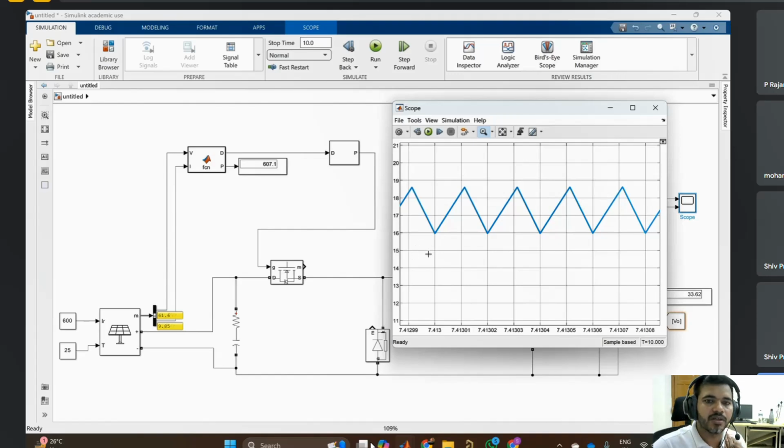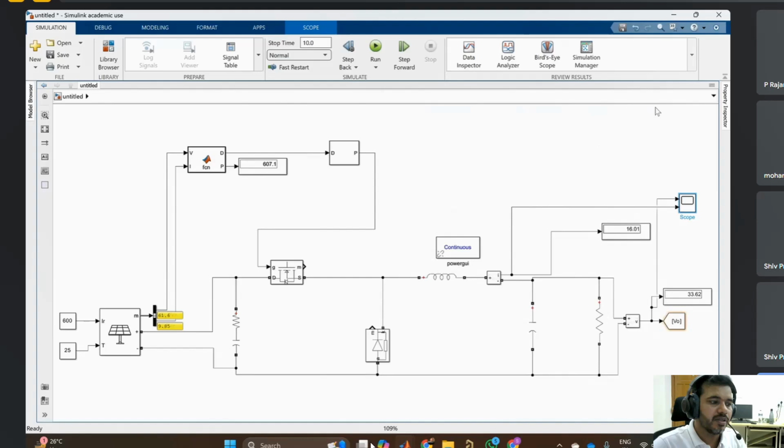You calculated the ripple current at 15 ampere, but the current is 17 ampere here. That's why if current is increasing, the ripple will also decrease because of delta IL. Inductor is fixed, delta IL will decrease. If I don't increase, then delta IL will increase. Oh, sorry, decreasing.